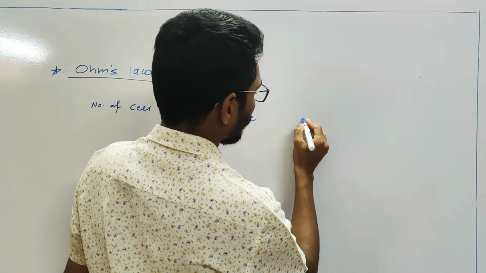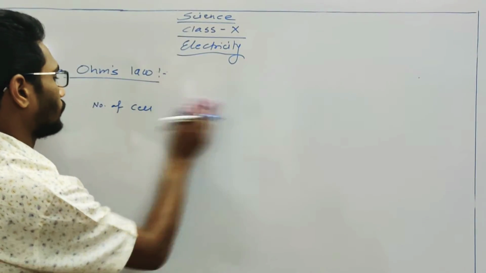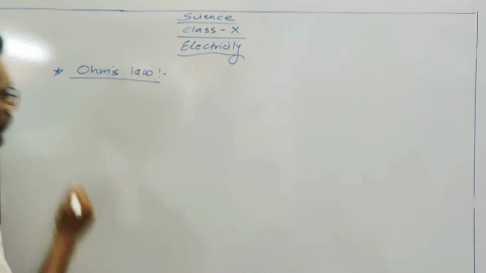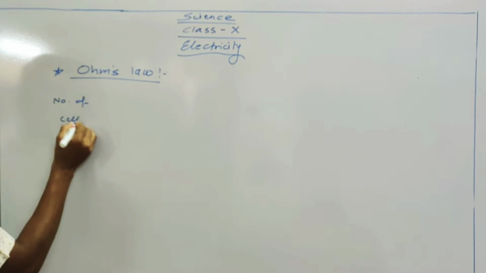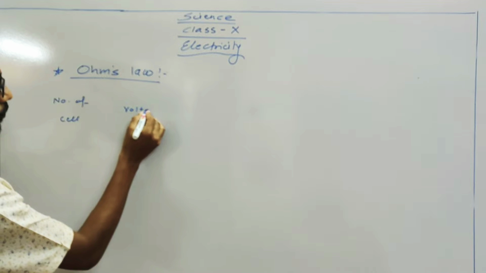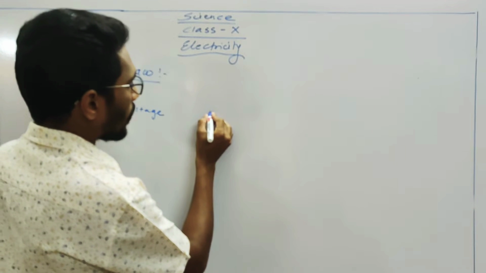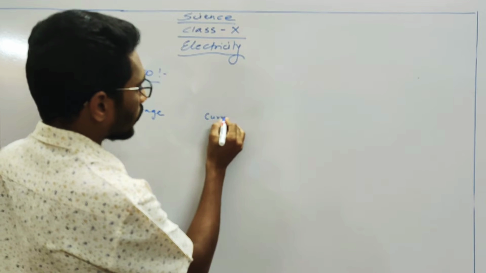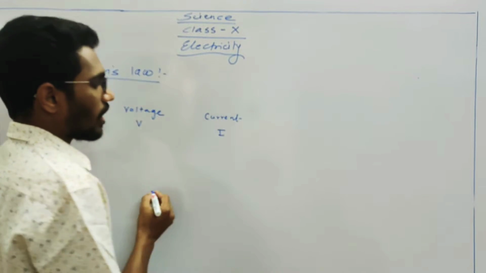Next one is the amount of electric current. So this is V, and this is I.